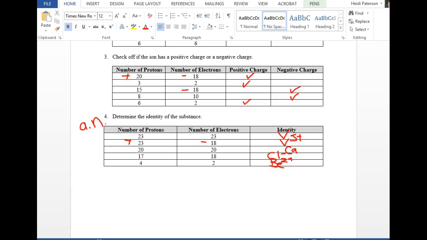Third person to share a point that they wrote at the bottom. Protons can't change. You need to make sure that you understand why something is positive, why something is negative.